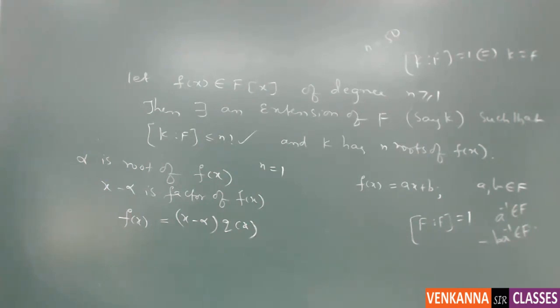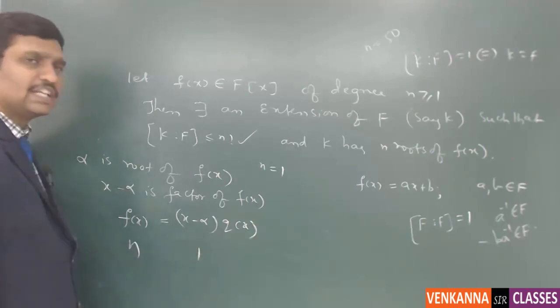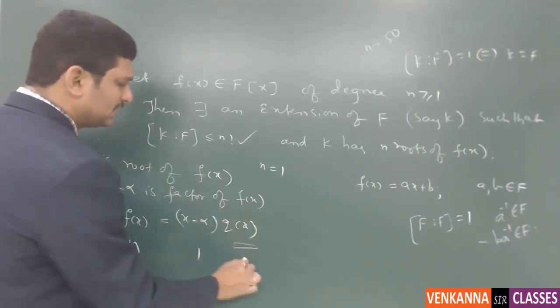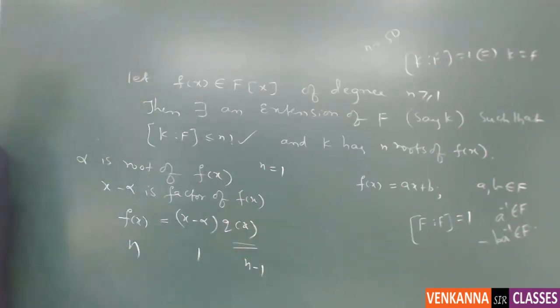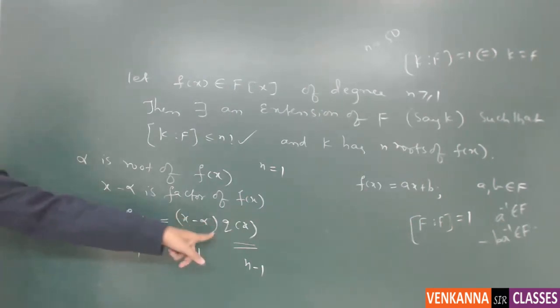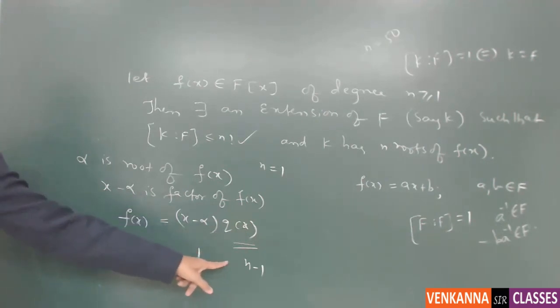Now, if you compare the degree on both sides, the degree of f of x is n. Since the degree of x minus alpha is 1, obviously the degree of q of x must be n minus 1. So q of x is a polynomial whose degree is less than n. It is n minus 1.